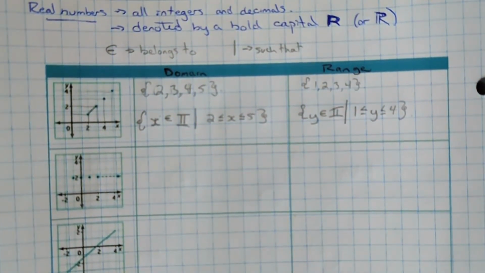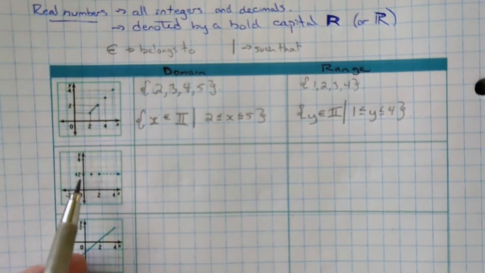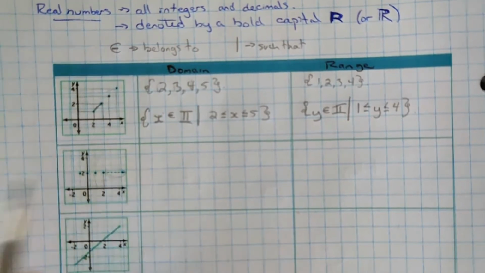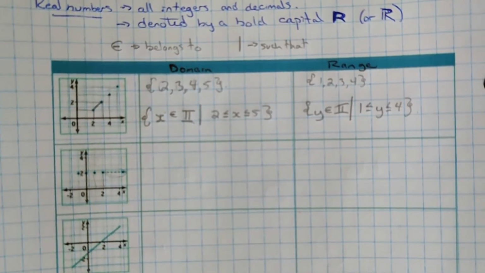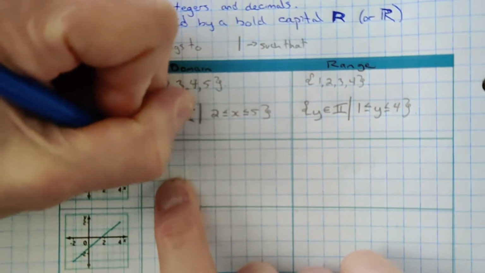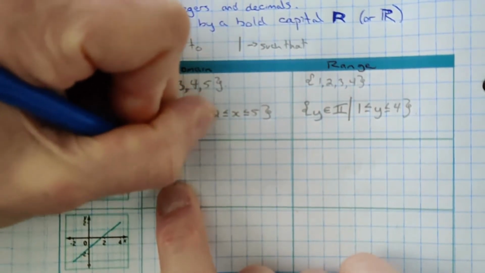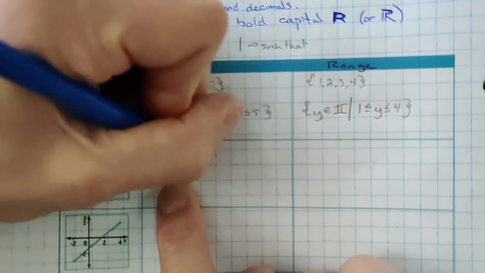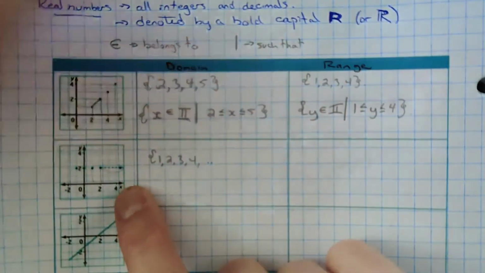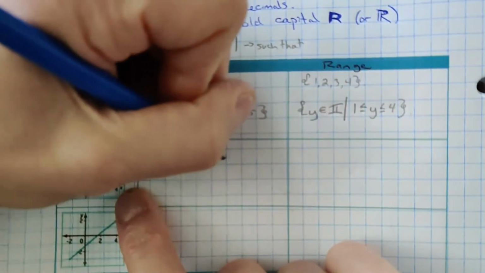Now let's take a look at the second one. We have our points here at 1 and 2, and this is noting just so on and so forth. It's continuing on 1, 2, 3, 4, 5, 6, and so on. So there's a whole bunch of points here. So if we try and use set notation, we've got 1, 2, 3, 4, to infinity.